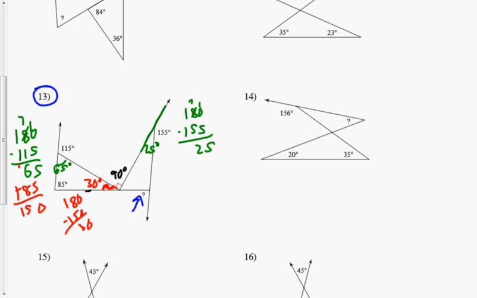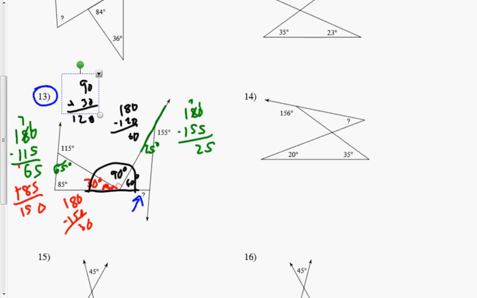And lastly, all three of these make a line, so these three have to add up to 180. So 30 and 90 is 120. And if I take 120 and subtract that from 180, I get 60. That means this is a 60 degree angle.